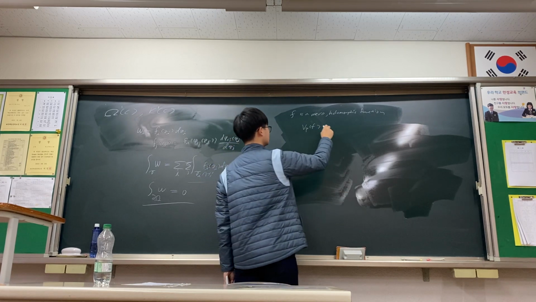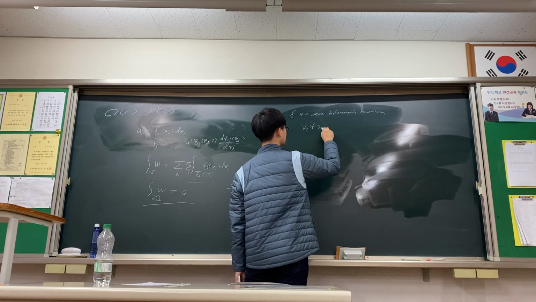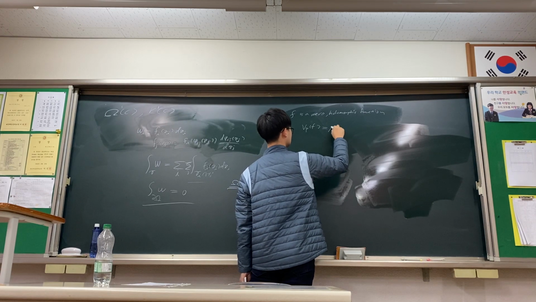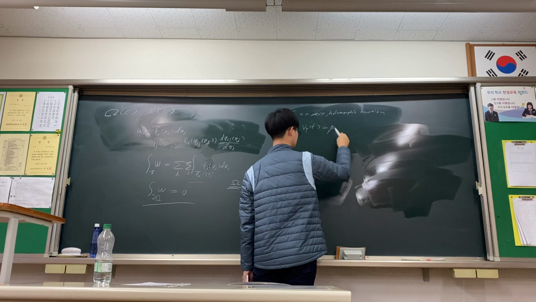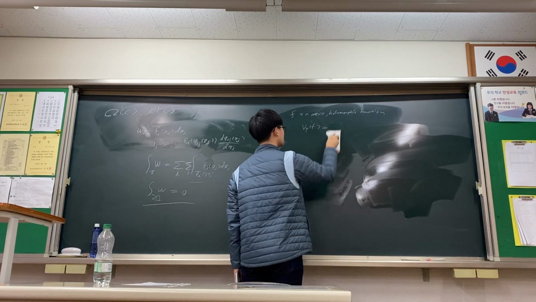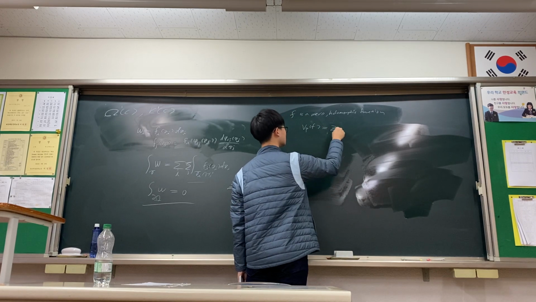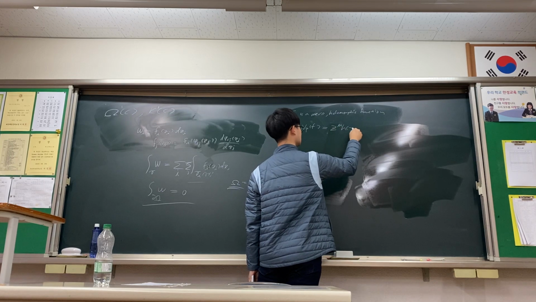Suppose f locally near p can be represented as z to the μ times a function, where the function is not 0 at z equal to 0.